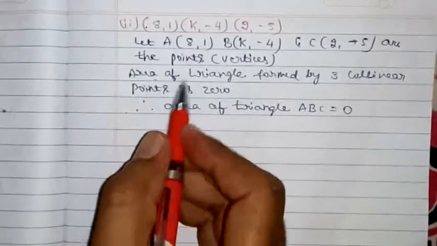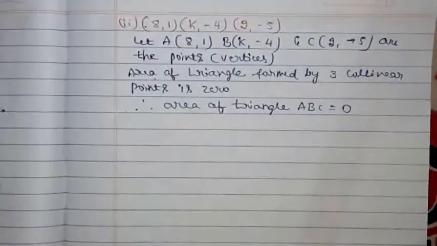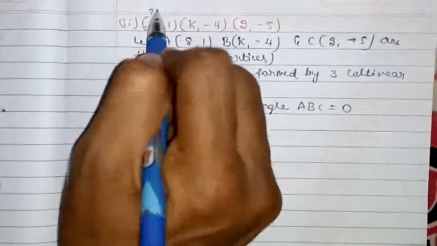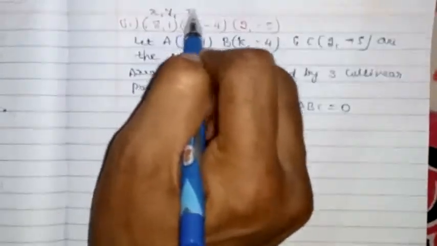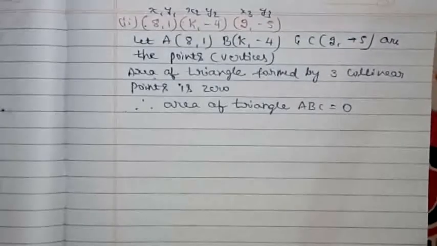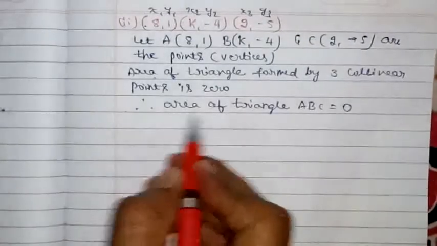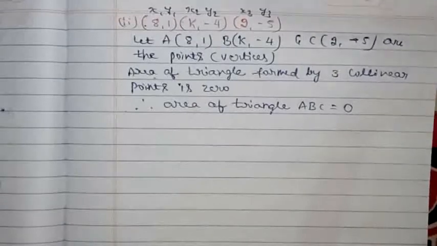As the first one, I'll write the first one as x1, y1, this one as x2, y2, and this one as x3, y3. Okay, now just apply the formula. So area of triangle formula. What is the area of triangle formula?